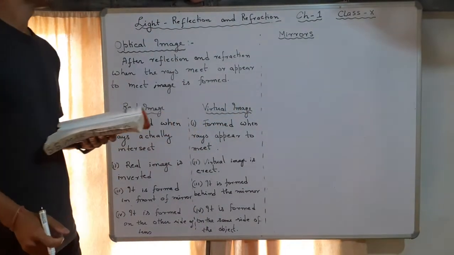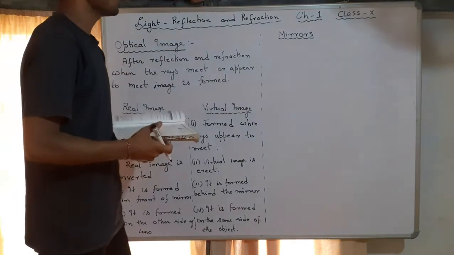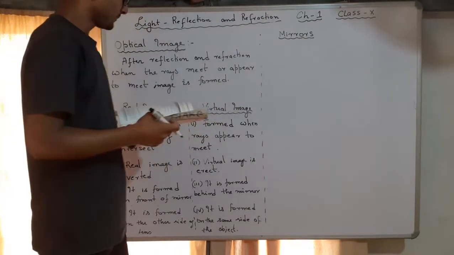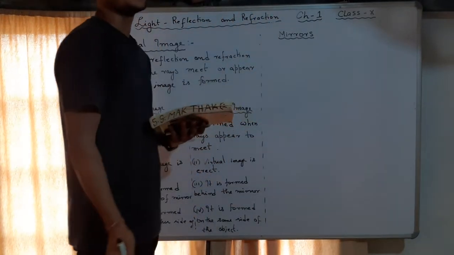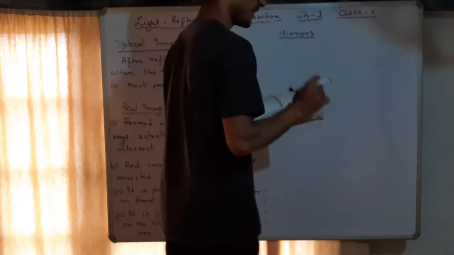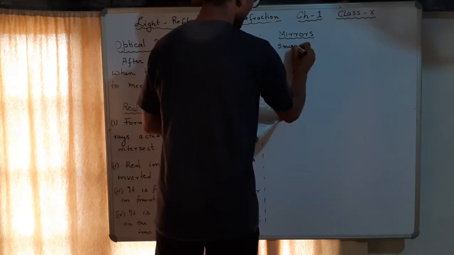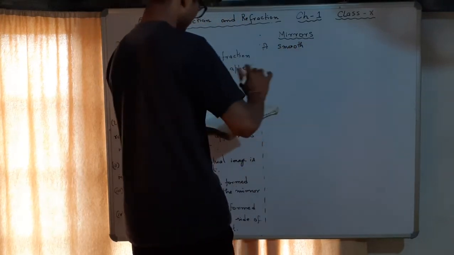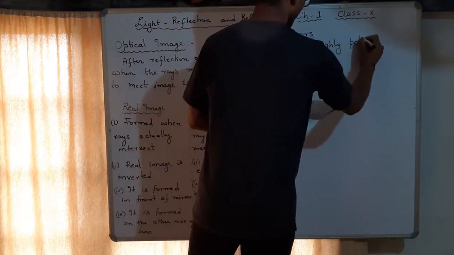Mirrors. Now first character that comes to play with reflection is mirrors. When mirror is there, you'll understand what is reflection very easily. What is mirror? Where we see our face daily, that is mirror, isn't it? But there are different types of mirrors also. So how to define it very scientifically? Look at the meaning. A smooth, highly polished, you cannot deny it is not smooth, isn't it?